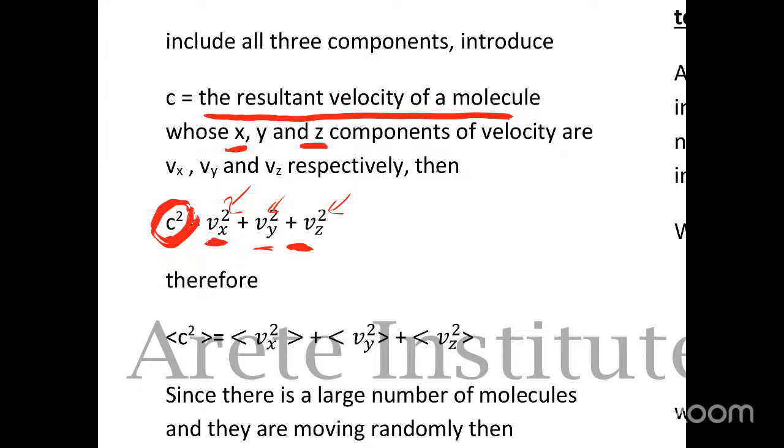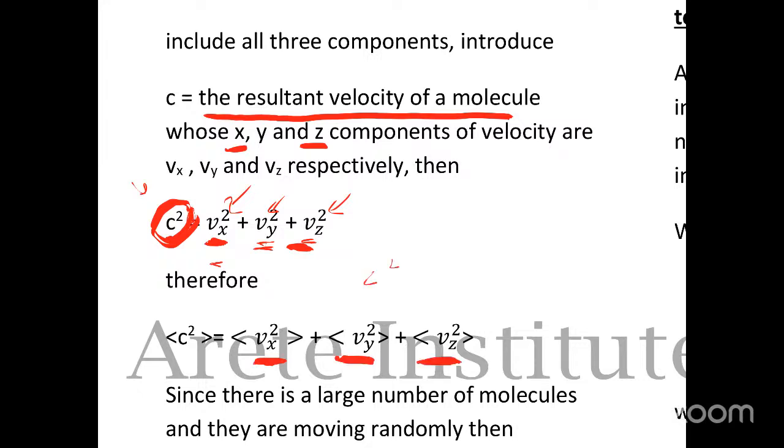Because you don't want to have to write x direction, y direction, z direction, they simplify it and find a resultant and call it C. And to further simplify things, they said that each one of these speeds is equal. So you end up with this being equal to this being equal to this.